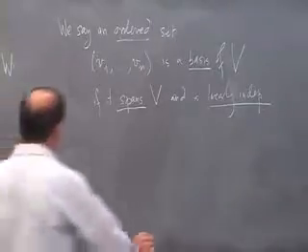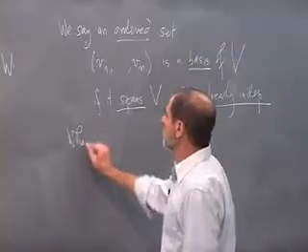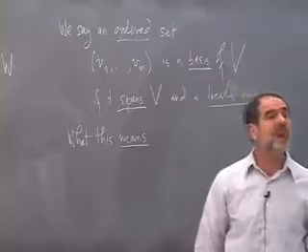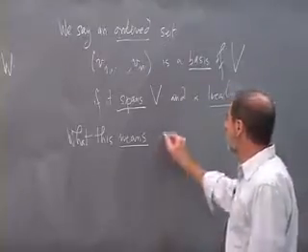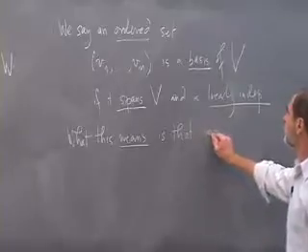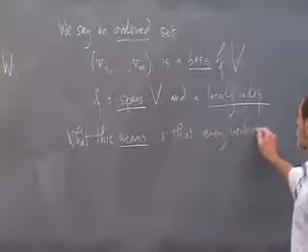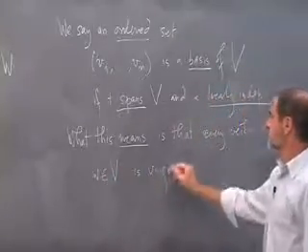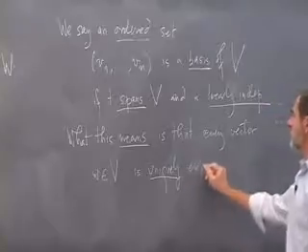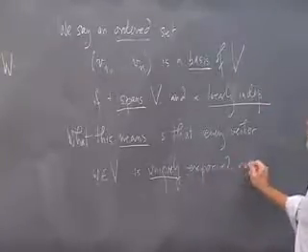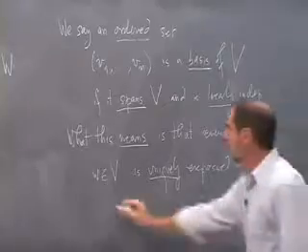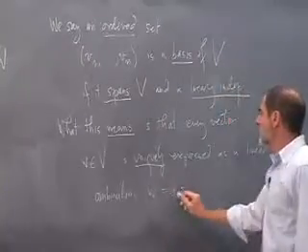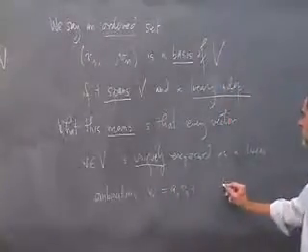What this means, sometimes it's nice to have a definition and to actually know what the definition means. What it means is that every vector W in V is uniquely expressed as a linear combination W equals A1 V1 plus ... plus An Vn.